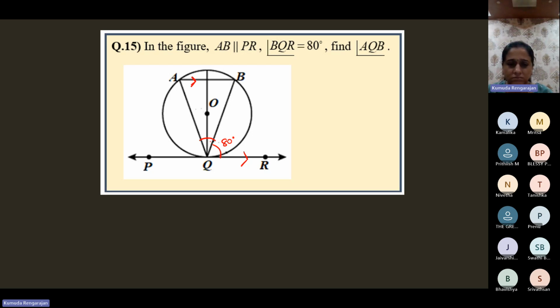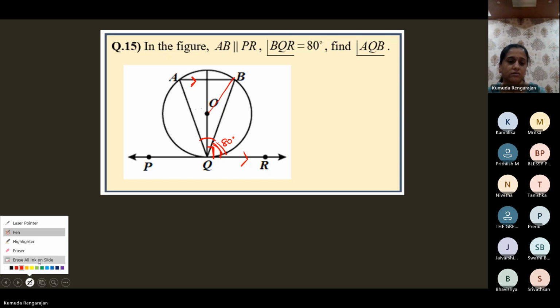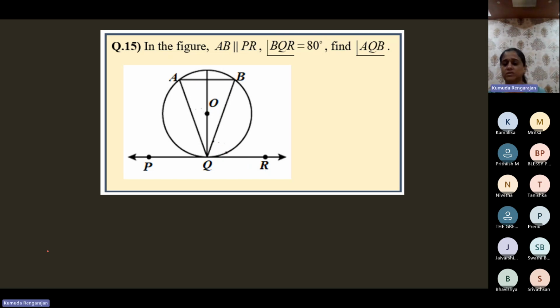This is 90, this is 90, but this is 80, so the rest of it you can find. If you want, you can join OB. Just try to do this by yourself. We'll see the answer tomorrow.